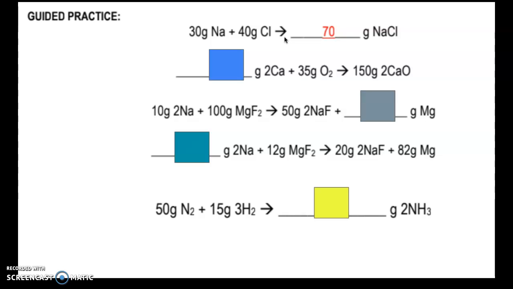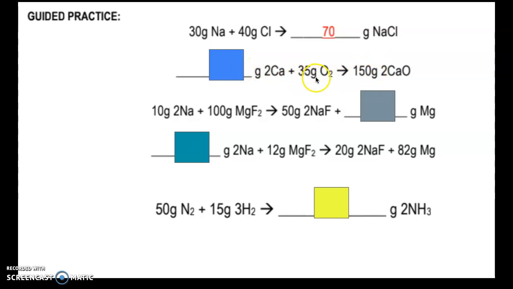Now if we do our blue one, our second one here, how many grams of calcium do we have? We know we have 35 grams of oxygen. So the question is, how many grams of calcium plus our 35 grams of oxygen equals 150 grams? We know that we have 35, so our 150 total is what this needs to be.